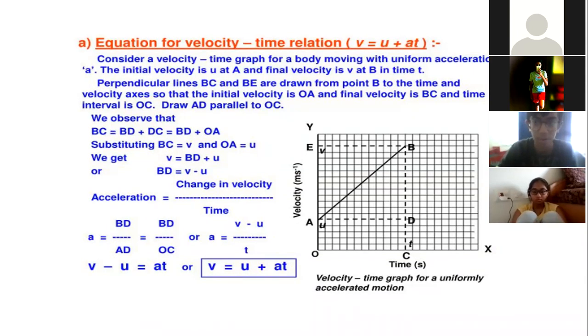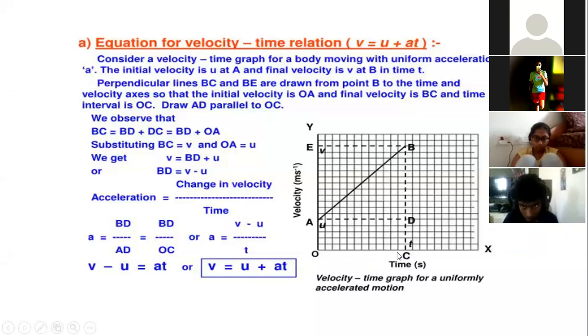I have denoted my initial velocity as u, so your OA will be your initial velocity, u. Then after point A, your velocity increases with time t, so it goes up to point B. Your final velocity will be v, so your OE will be v, or indirectly you can say your CB is also v.